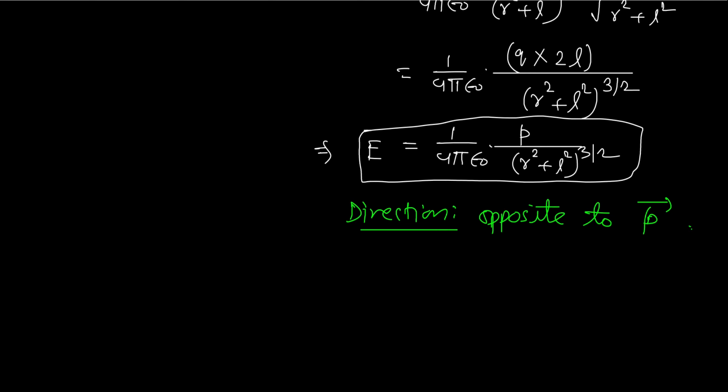So electric field at axial position is parallel to dipole moment, while electric field at equatorial position is opposite to the dipole moment.